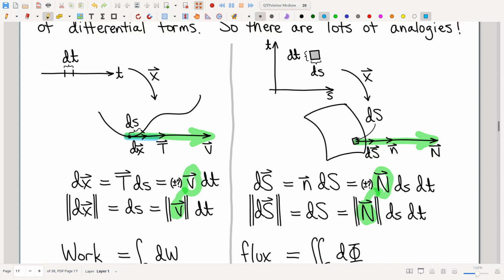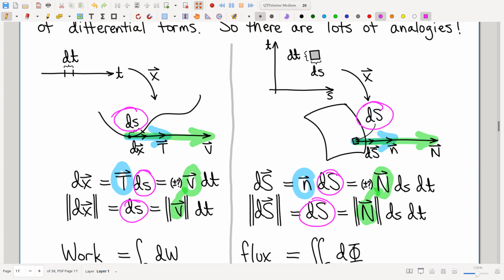Two different questions, and wow, that's an oddly strong analogous role between V and capital N. In both cases, we have a unit vector version of those, which go here and here. How about that? In both cases, we talk about the size of the little piece of curve over here, area of the little piece of surface over here. In both cases, those sizes show up in analogous ways in the algebra.